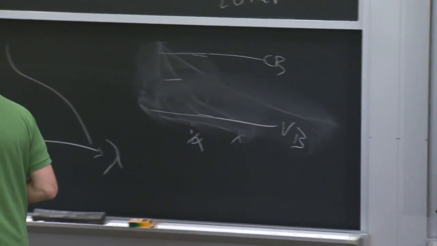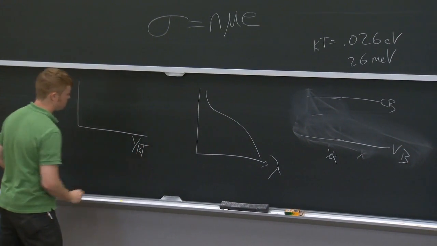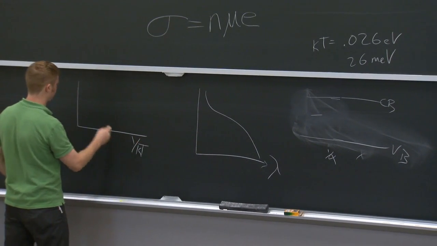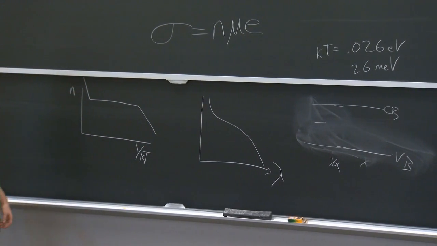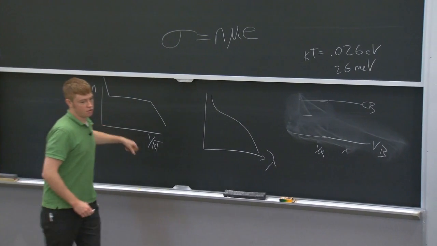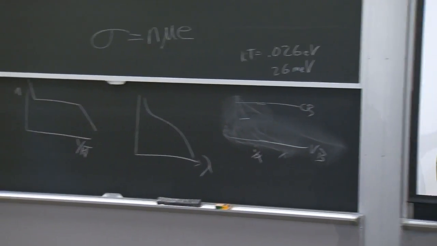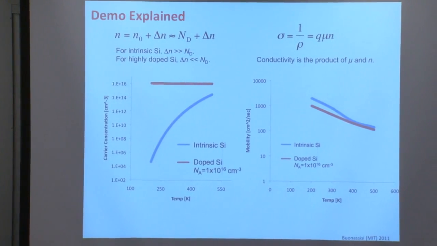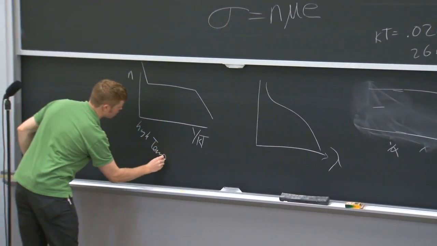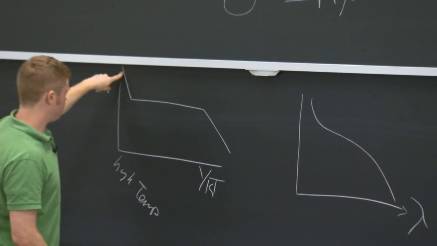But to answer your question, if we looked at an Arrhenius plot, this is 1 over kT. So this is high temperatures over here, low temperatures over here, and this is carrier concentration. At very, very high temperatures, if you extend this out, you can see that the thermal carriers will actually surpass the number of dopant atoms, and your carrier concentration will actually increase at much higher temperatures.